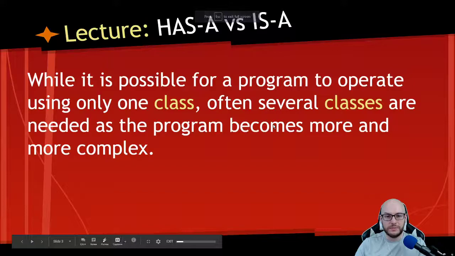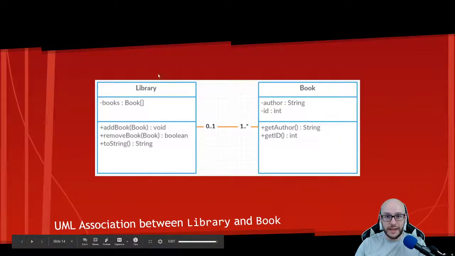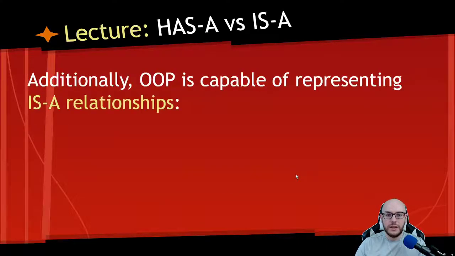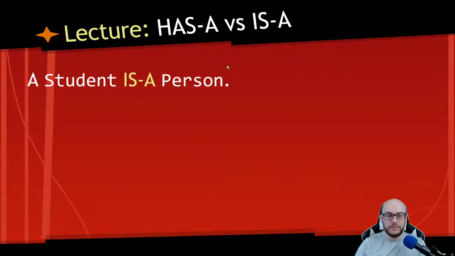We'll use arrow keys. One thing I'd like you to notice is this has-a relationship is more of a horizontal relationship, right? We're saying these things are related, but one is not necessarily above the other. With our is-a relationship, it's more of a vertical relationship. We're saying student is a person.